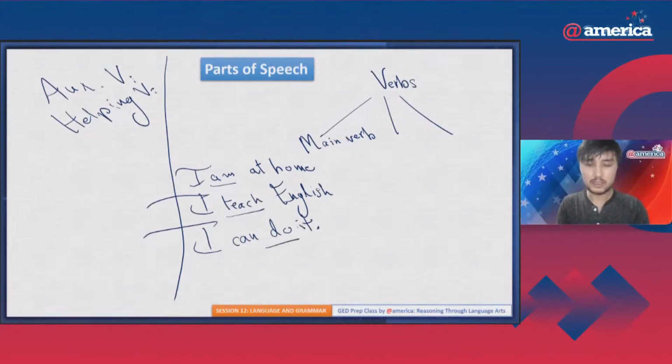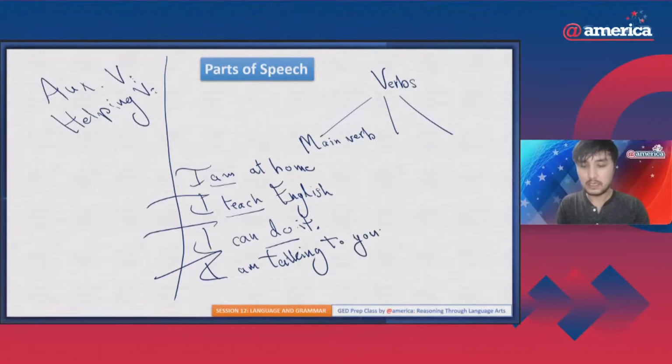In here, do is the main verb. I am talking to you. In this sentence, talking is the main verb. A complete sentence has a main verb.